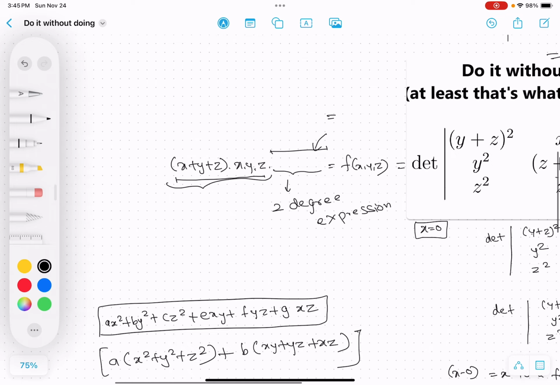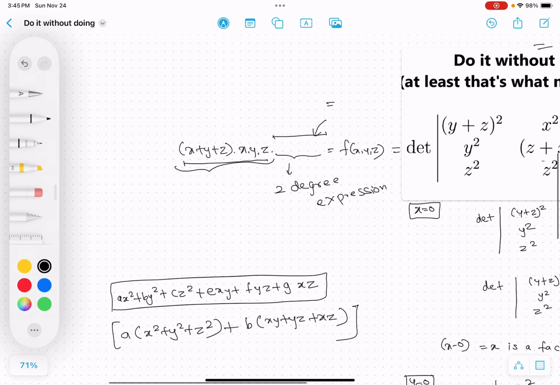Our determinant will be xyz, x plus y plus z, times a times x square plus y square plus z square plus b times xy plus yz plus xz. So this will be our determinant, and we need to now solve for a and b.